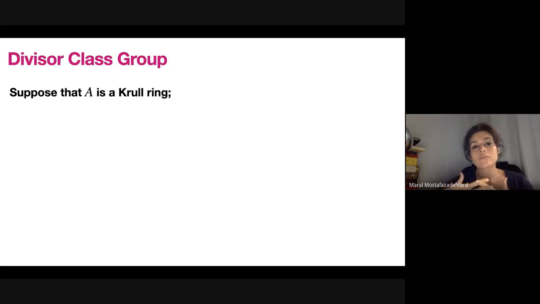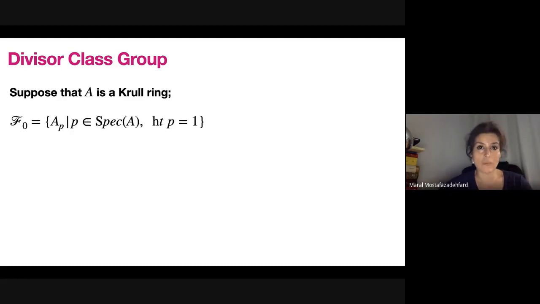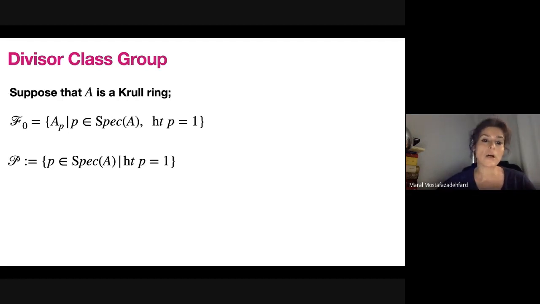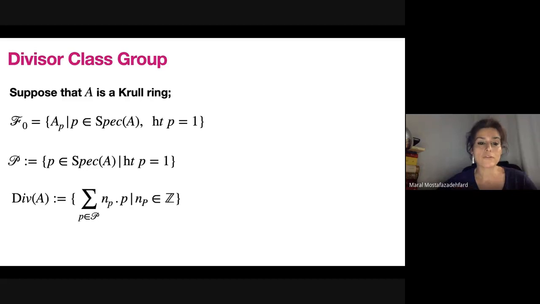The divisor class group can be defined for any Krull ring, and Krull rings have some properties. For example, we have a minimal defining family of Krull rings based on the discrete valuation rings A localized at P, where P comes from all the codimension 1 prime ideals.